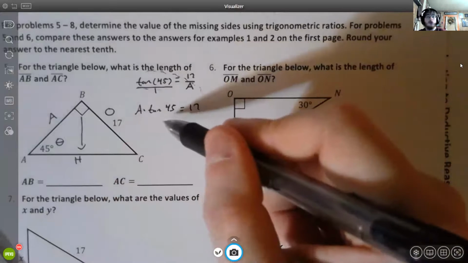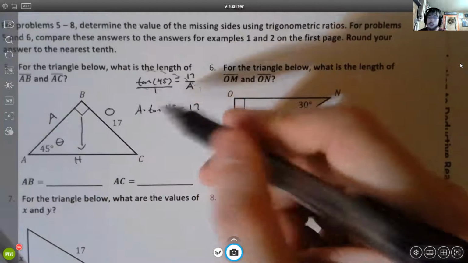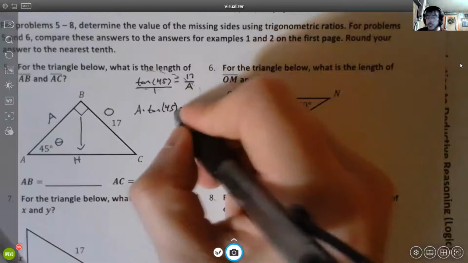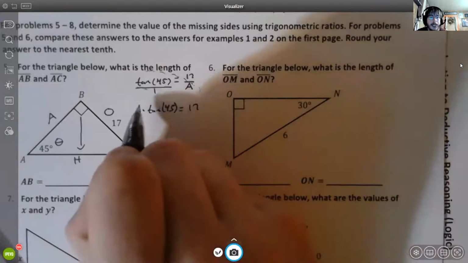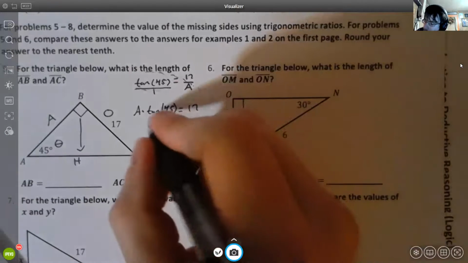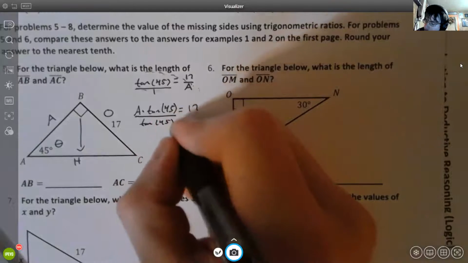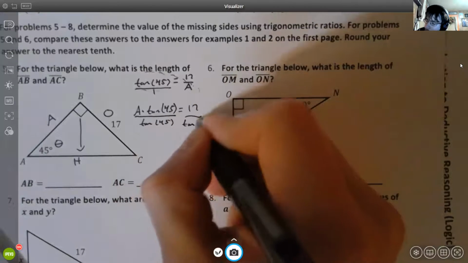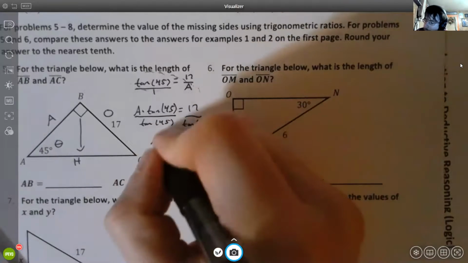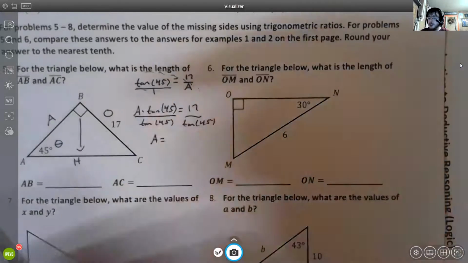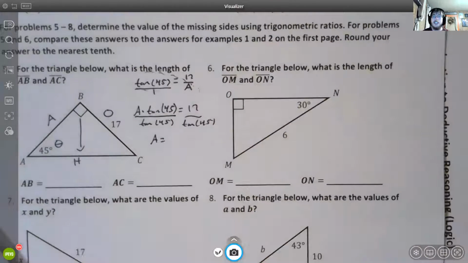Now, as you saw when we were plugging these into the calculator, tangent of 45 is just a number. So I need to get A by itself. So to get rid of tangent of 45, I just divide both sides by tangent of 45. So I get A equals 17 over tangent of 45.